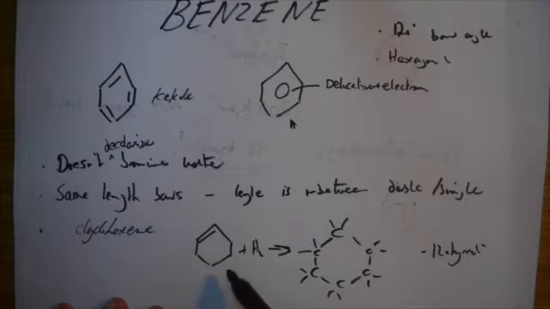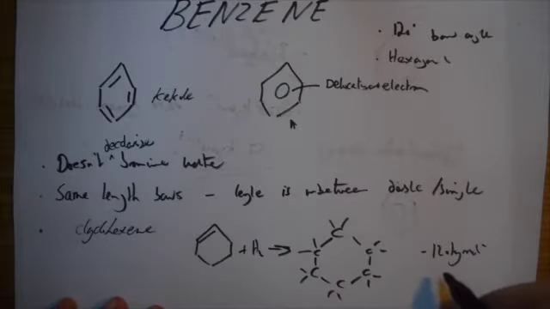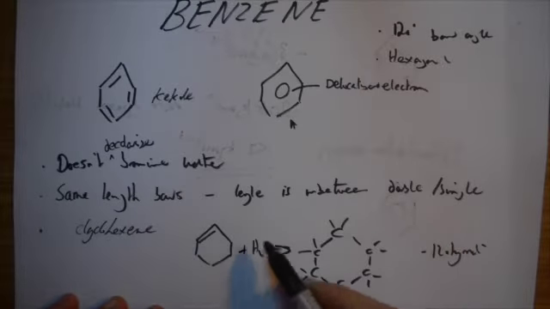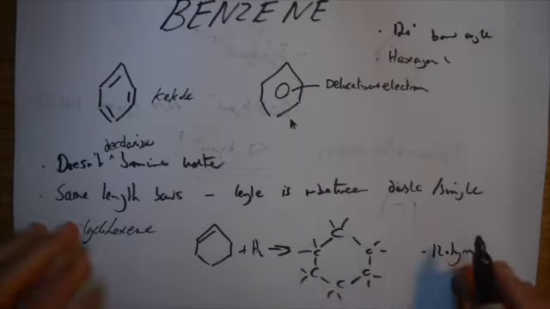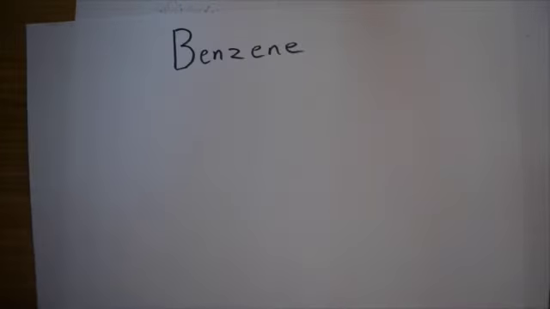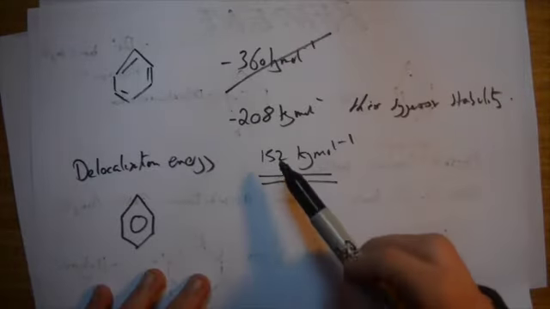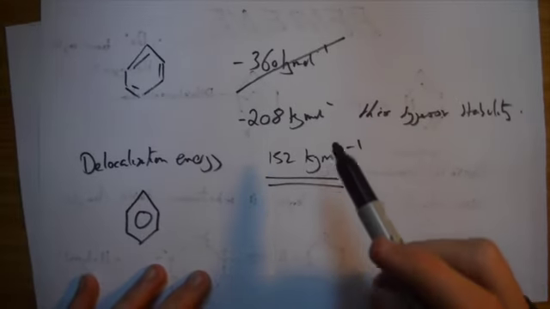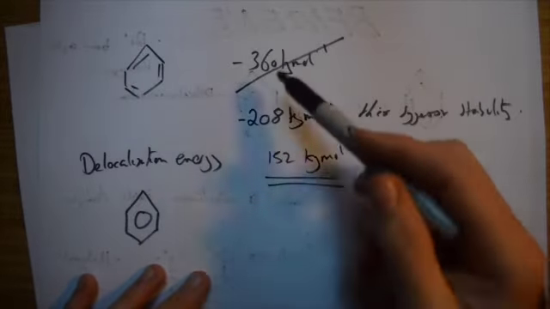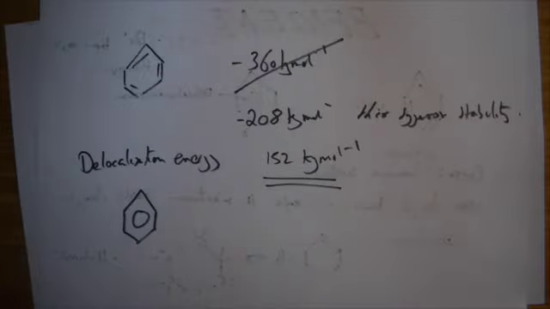If you hydrogenate this, the energy released is 120 kilojoules per mole, as you're removing this double bond and adding two hydrogens. Whereas the energy released when you hydrogenate benzene is 208 kilojoules per mole, whereas you'd expect it to be 360 kilojoules per mole because there are 3 times as many bonds being formed.